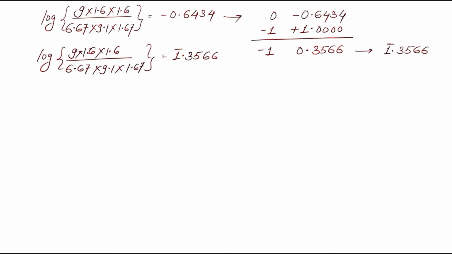Here I am simply adding and subtracting plus 1, and the entire value will again get added with the corresponding mantissa and the characteristic, and finally I come up with this number. And now it is easy for me to calculate the antilog of this mantissa. While finding the antilog, we are interested in the mantissa only.